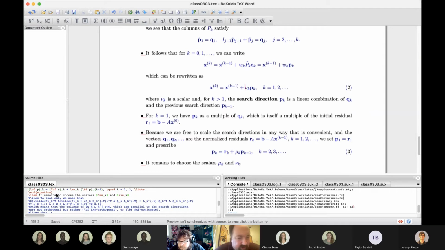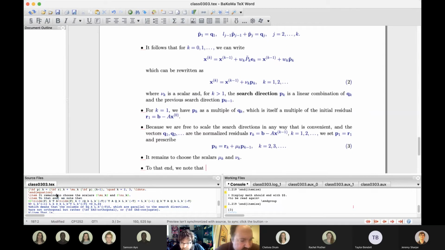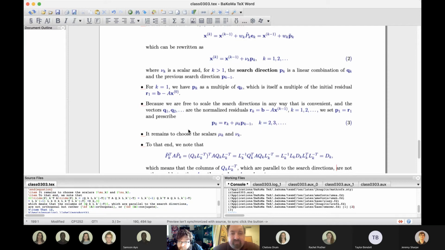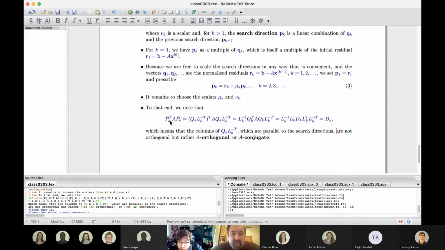Okay, so here's what I'll do. If I take a look at this matrix here, pk tilde transpose A pk tilde, I can replace pk tilde with its definition, but then I use the property I seem to use every class: the transpose of a product is the product of the transposes in reverse order.